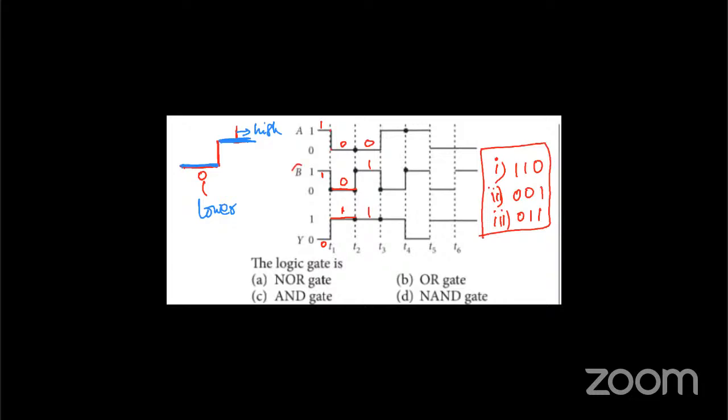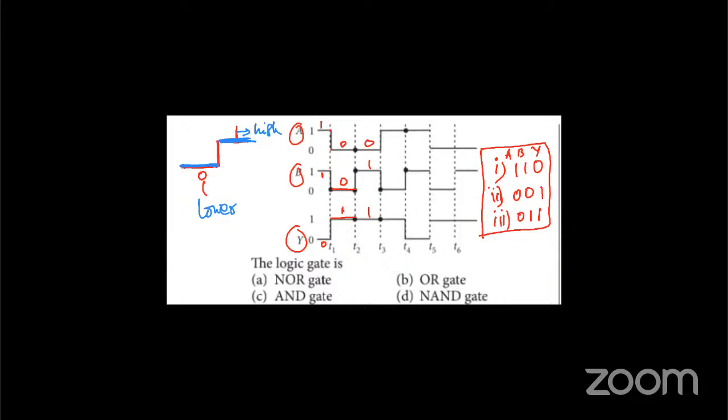So here they are mentioning A, B, Y. So the first two waveforms, take it as A B, and the last one is the Y. Okay, up to this clear?